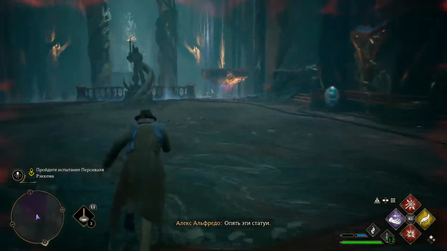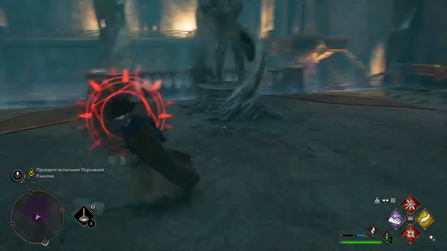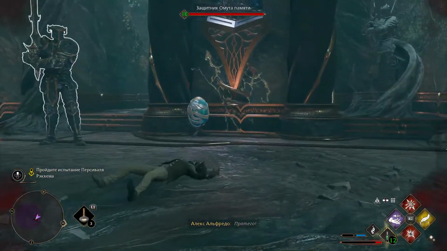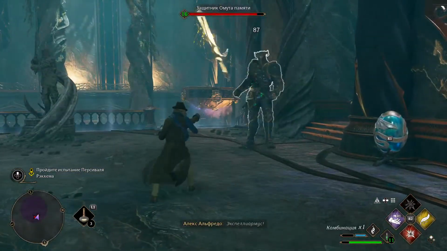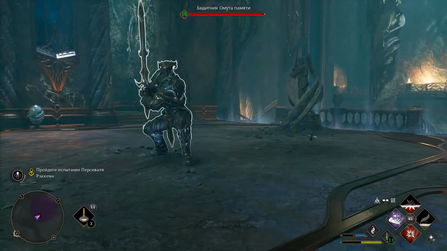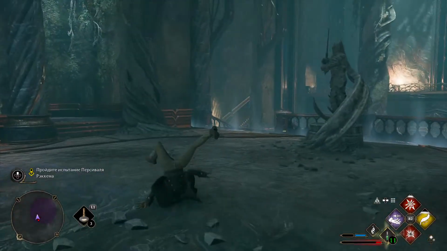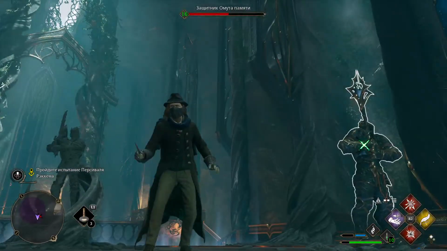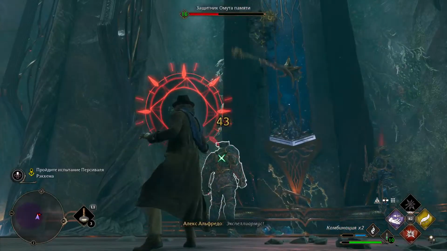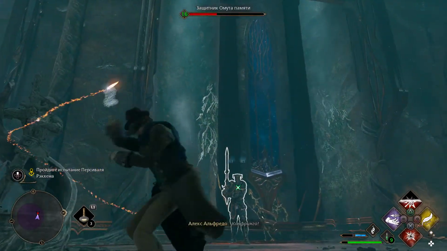More statues. Expelliarmus! Levioso! Expelliarmus! Confringo!